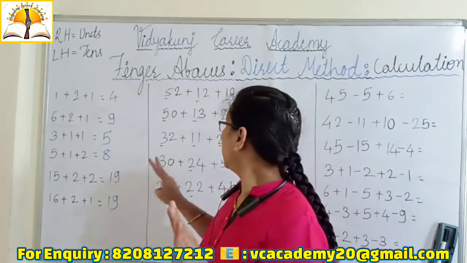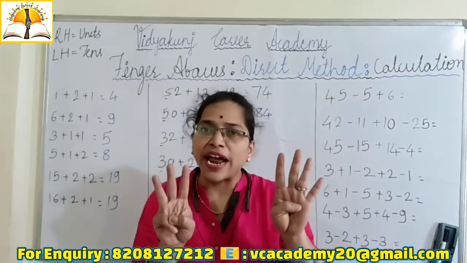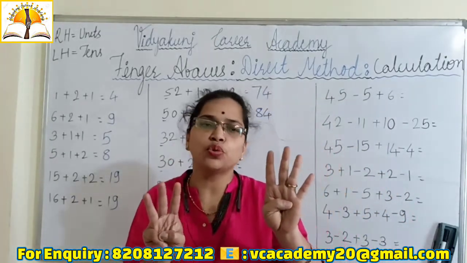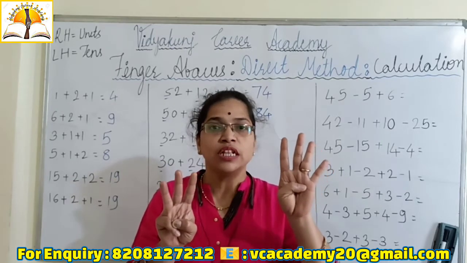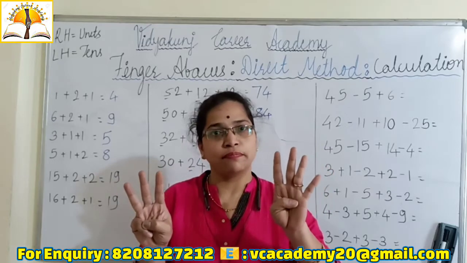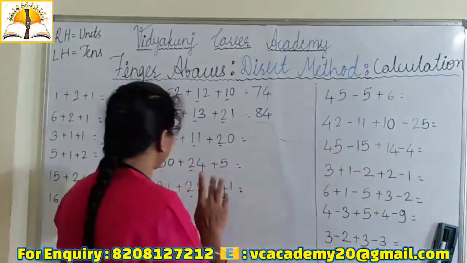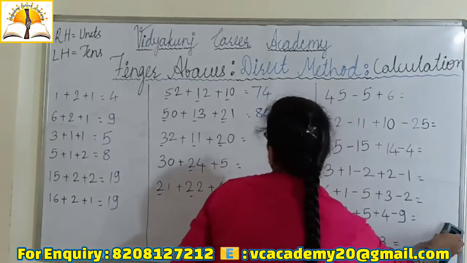Okay. Now, what do I have to add here? 20. If you want to add 2 here, then what do you do? It means I will take a different number, because this is the concept of 5.